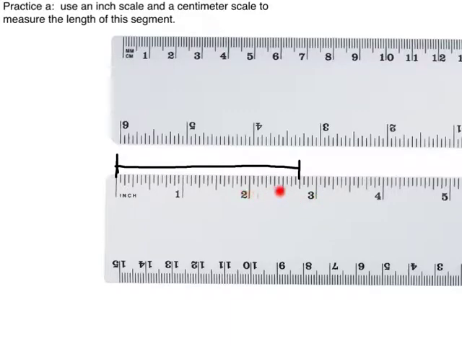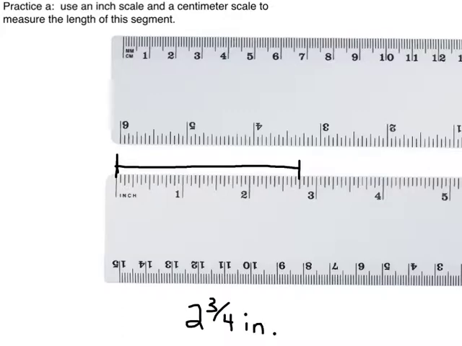This would be 2.5, so that would be 8 out of 16, 9, 10, 11, 12 sixteenths. And if we divide both of those by 4, that would be 3/4. So we can say that in inches, it is 2 3/4 inches long.